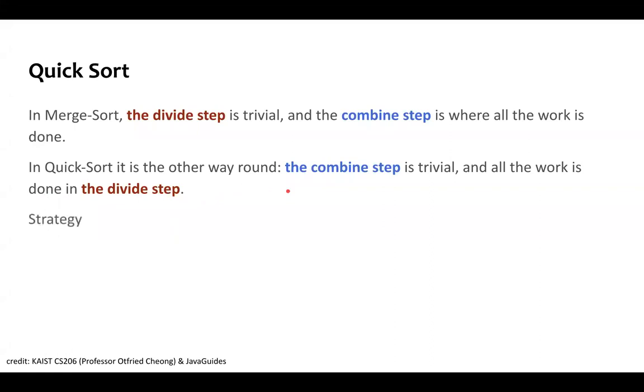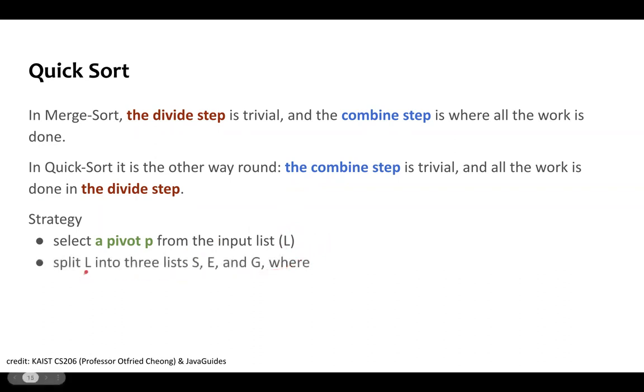And the strategy is like this. We select the pivot P from the list L, and we split this L into 3 lists, S, E, and G, where S stores the elements of L which are smaller than X, right?